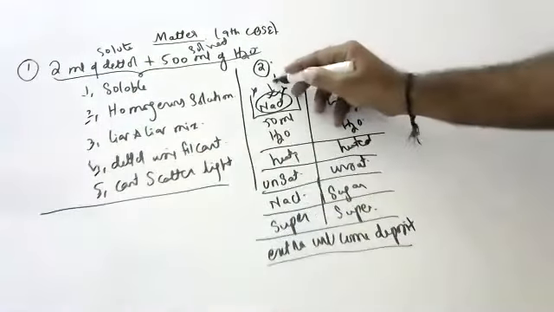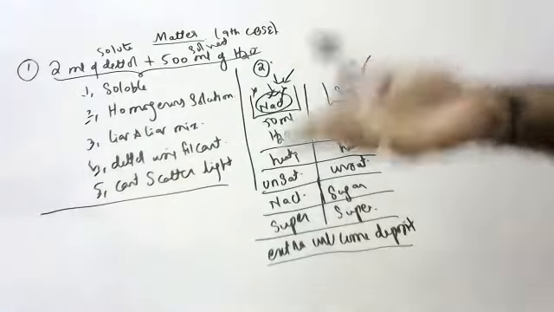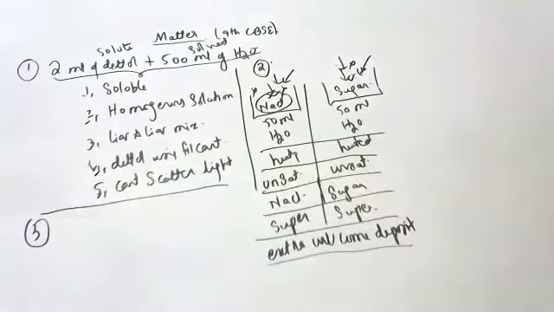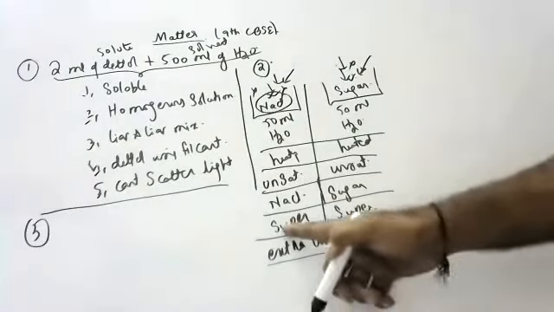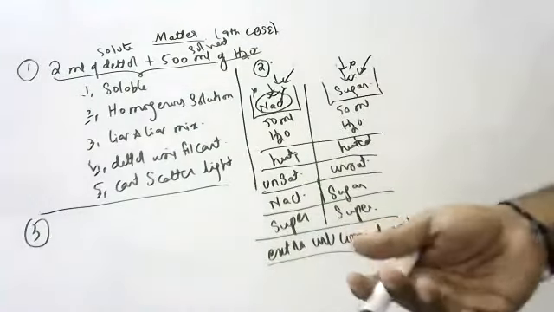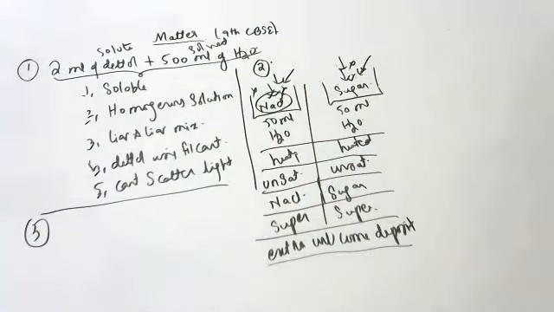If this is 10 grams, this also won't be 10 grams; you can mix 12 grams also. At a given temperature, they won't be the same. On heating, they become unsaturated. You add excess, they become supersaturated. On cooling, all that excess will settle down.